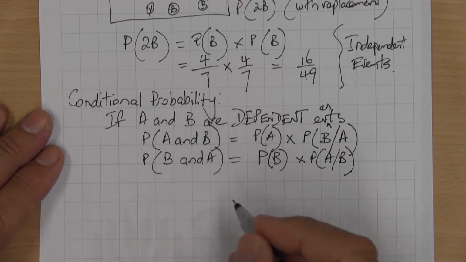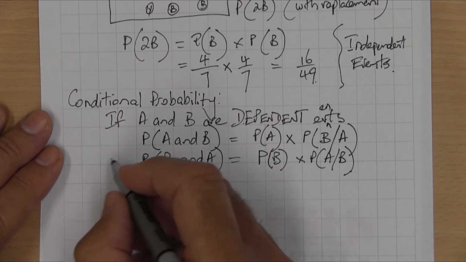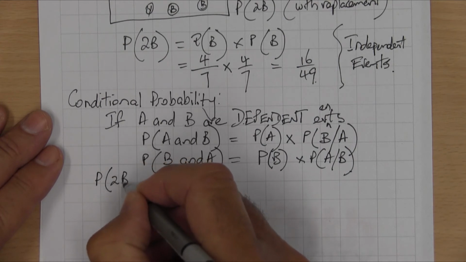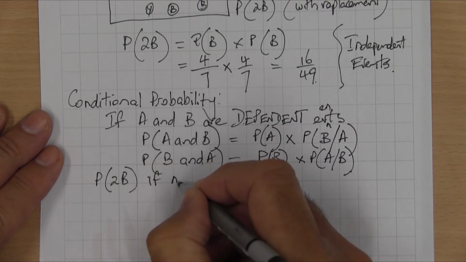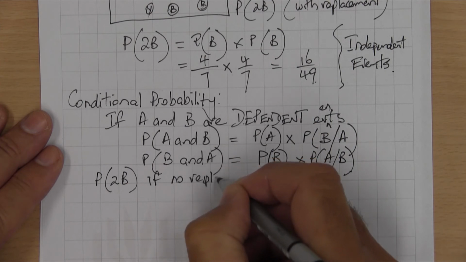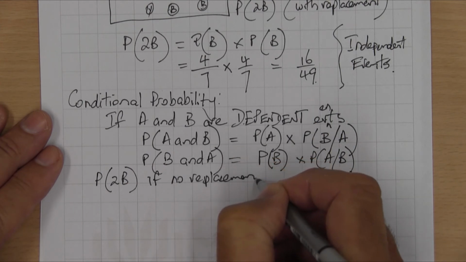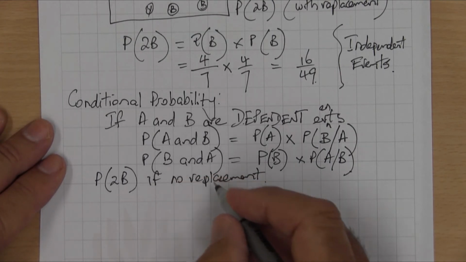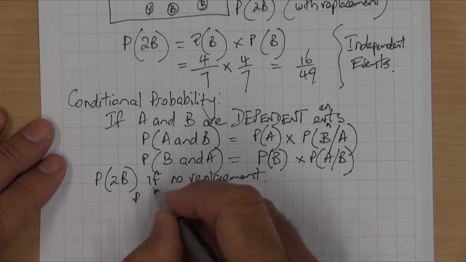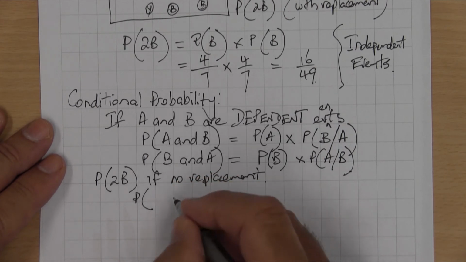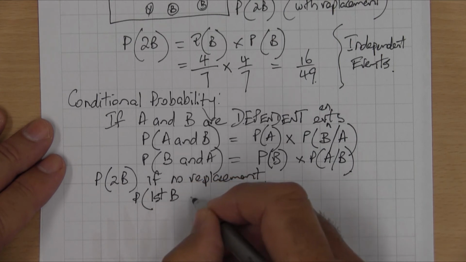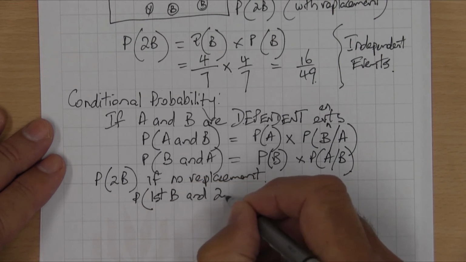So what's the probability of 2 blues if no replacement? That's going to change it because it'll depend on what happens with the first one. So the probability of the first being blue, and the second being blue.